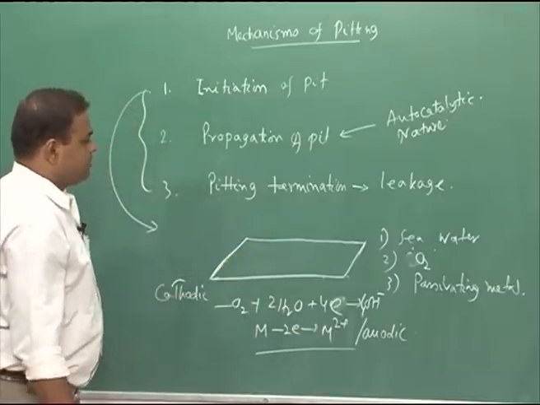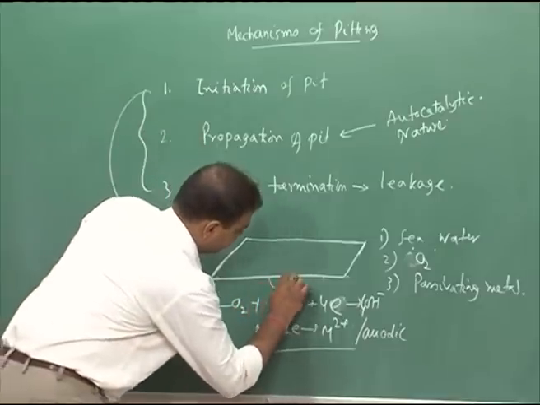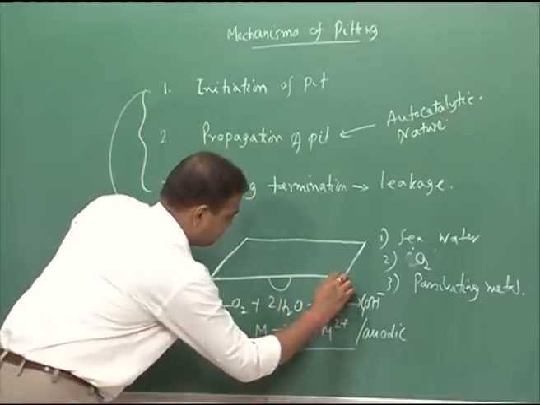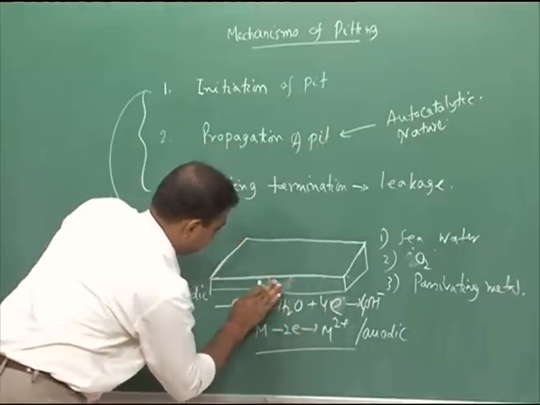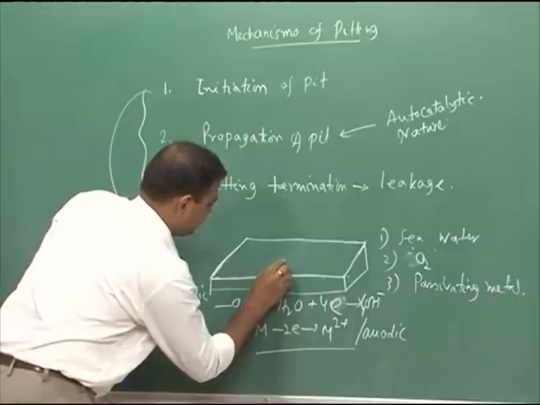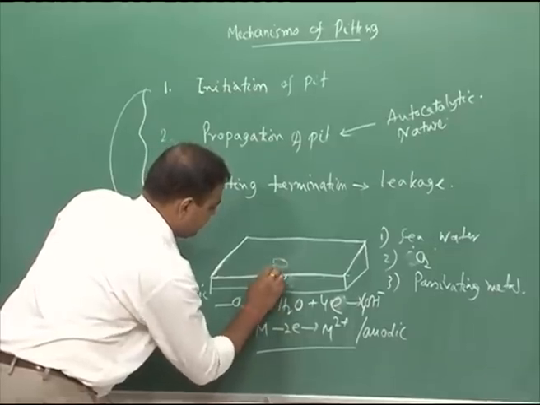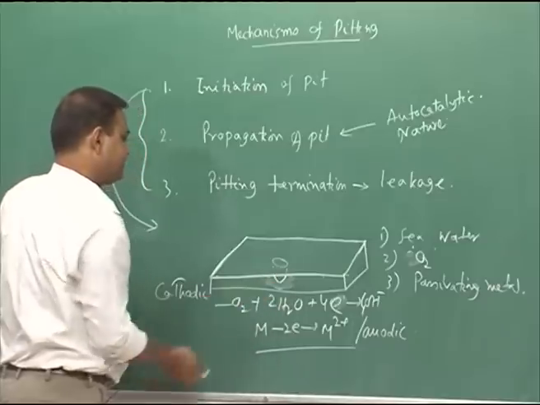Now, let us say at some moment there is a section where you have extra dissolution. Let us say this is my cross section, as if I am seeing through the thickness direction.